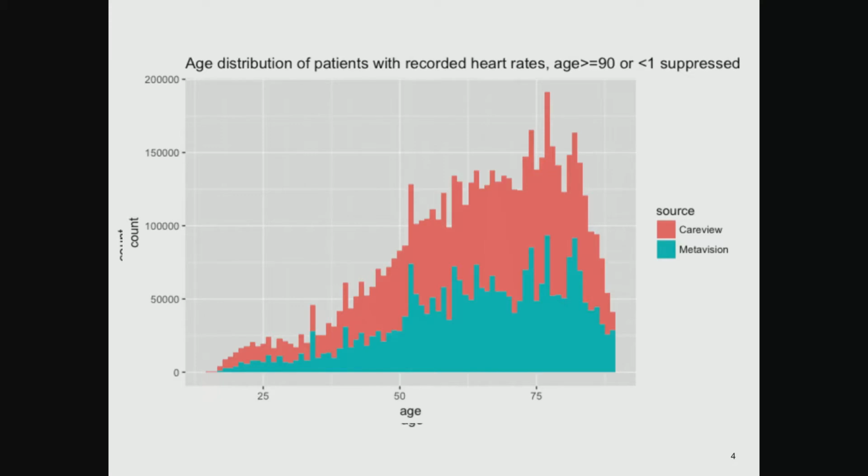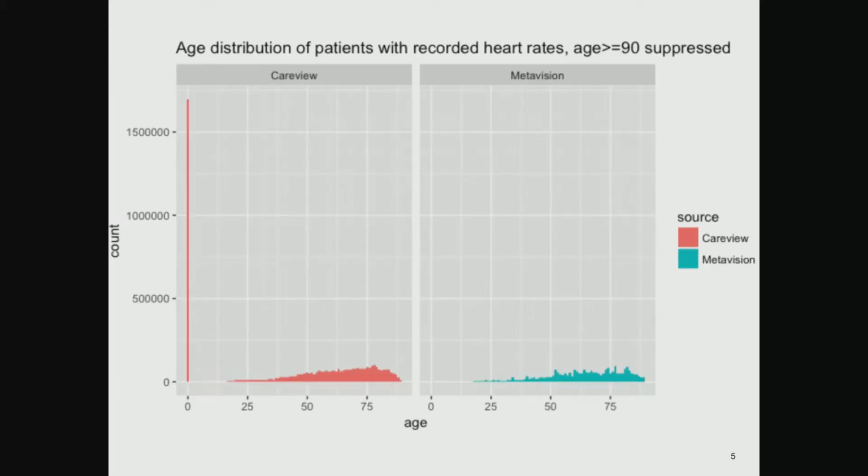So we look at people from age greater than 1 up to age 90, and I'll say a word about that in a minute. And I look at those two distributions, they look pretty close. They look pretty similar. So that means that the number of patients of different ages in the adult group is similar in the two data sets.